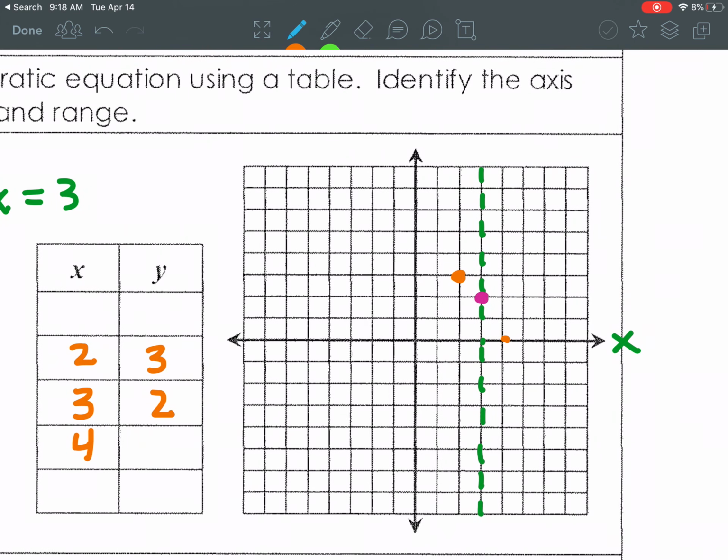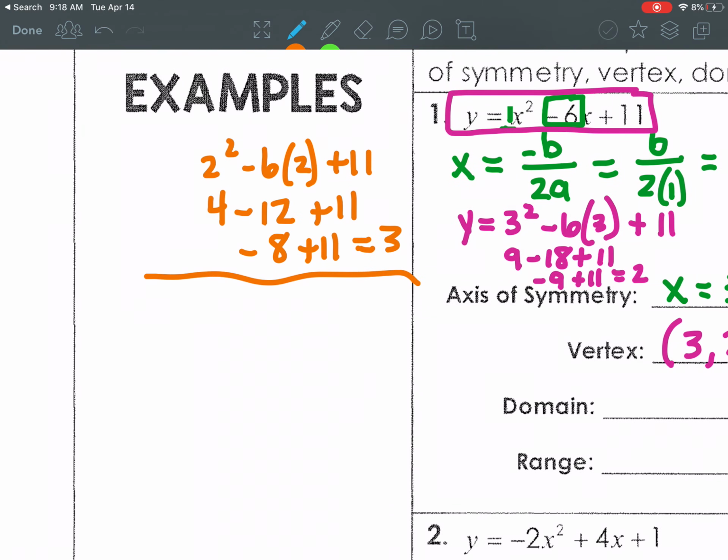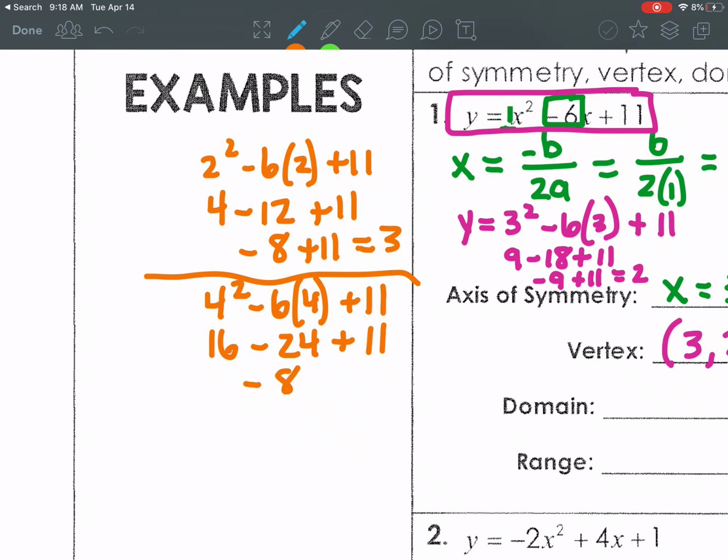Then for the other point, 4, let's plug that in. 4 squared minus 6 times 4 plus 11, just plugging 4 in for x. 16 minus 24 plus 11. We've got negative 8 plus 11 again, which is 3.